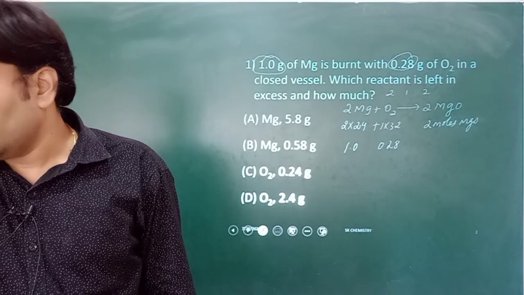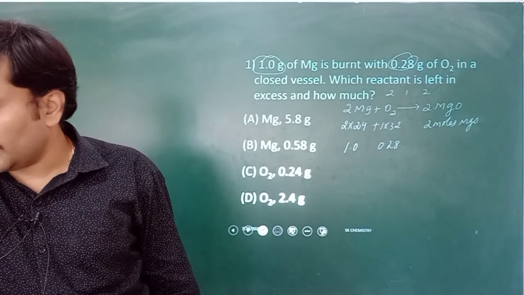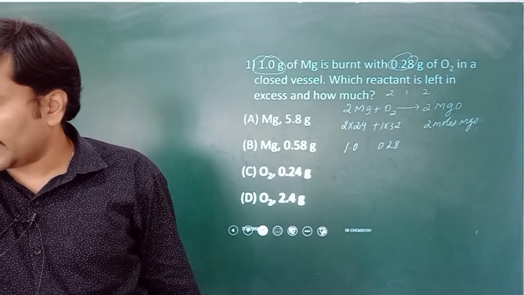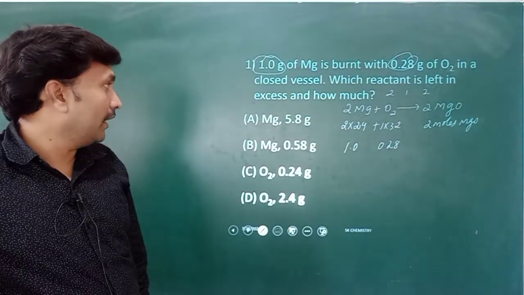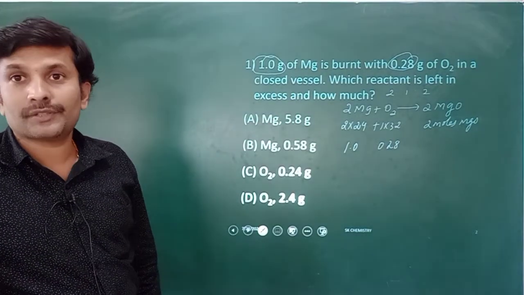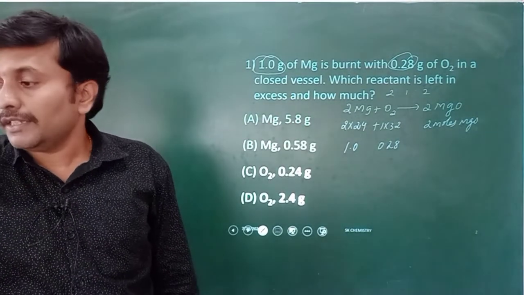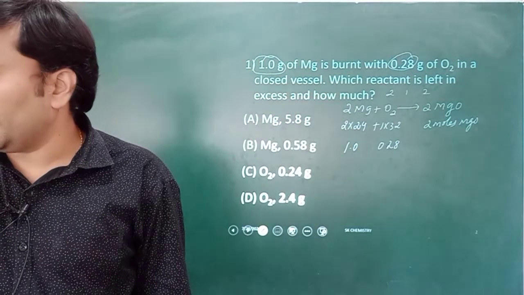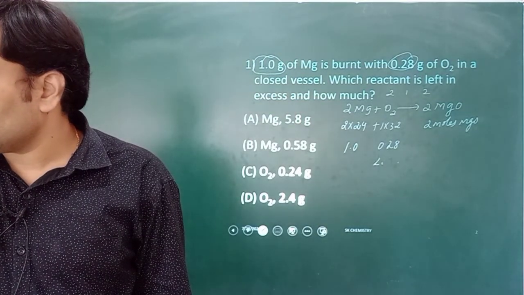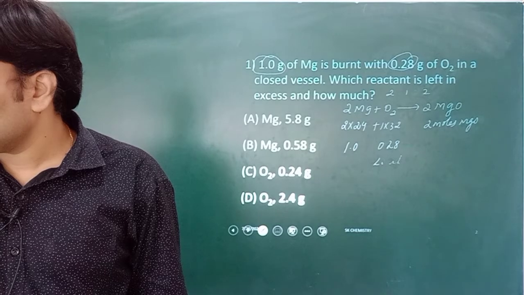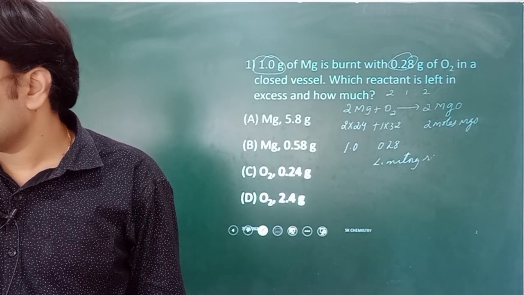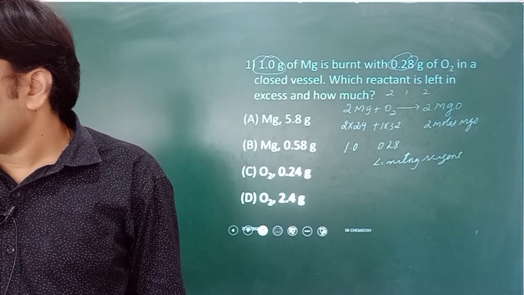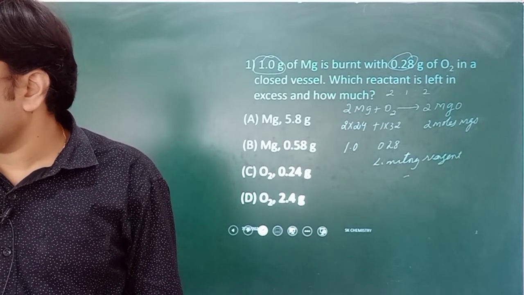This clearly shows that the reactant left in excess is going to be magnesium, because the limiting reagent is oxygen.